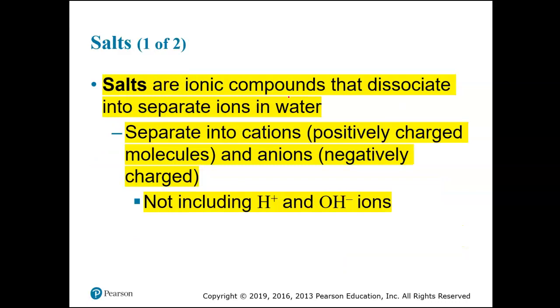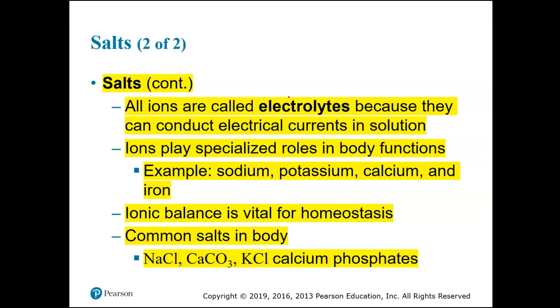Salts are ionic compounds that dissolve in water, and the ions that come from salts are called electrolytes. We have electrolytes called sodium, Na+, potassium, K+, calcium, Ca2+, iron, Fe 2+ or 3+.